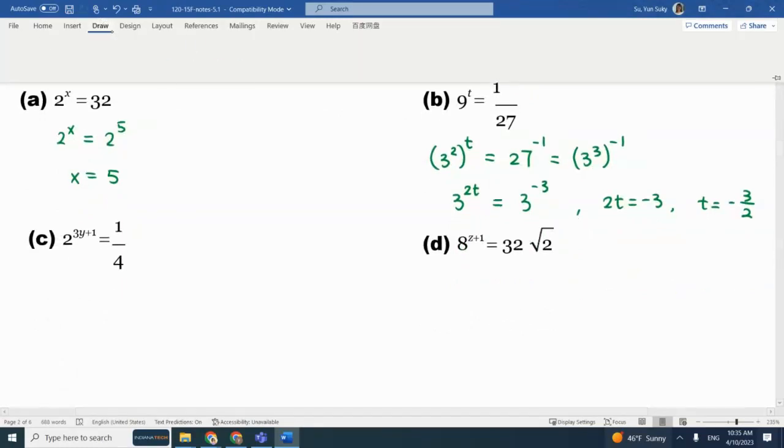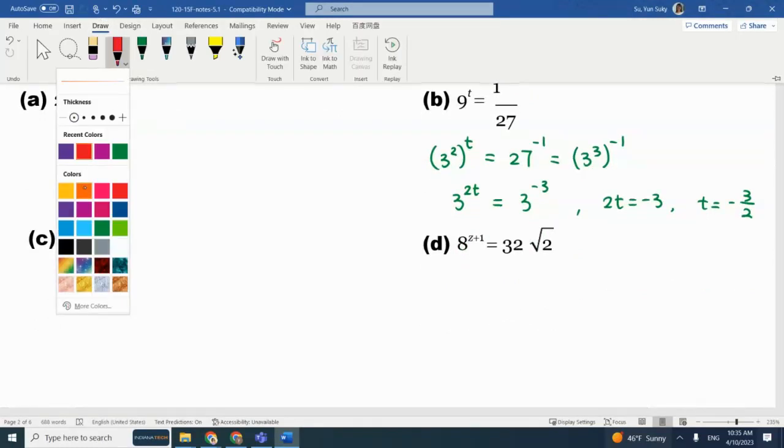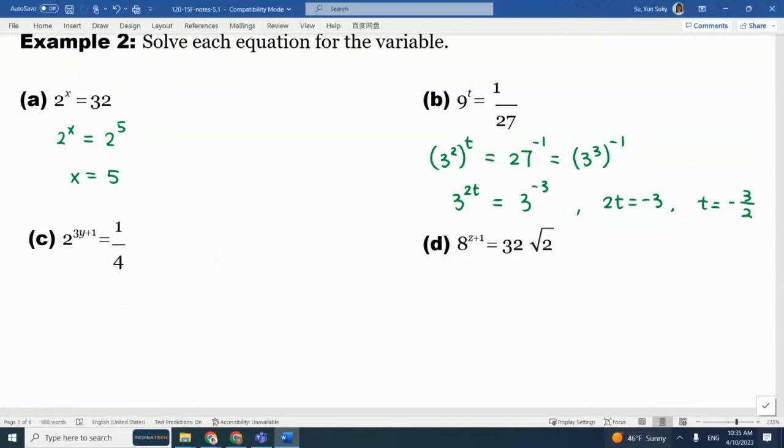All right. Now, keep going. Part C, I will let you do at home. Okay. Let's do part D. What is 8? 2 cubed. Yes, everybody, 2 cubed. So 2 cubed is 8 to the z plus 1. What is 32? 2 to the 5th, yes.